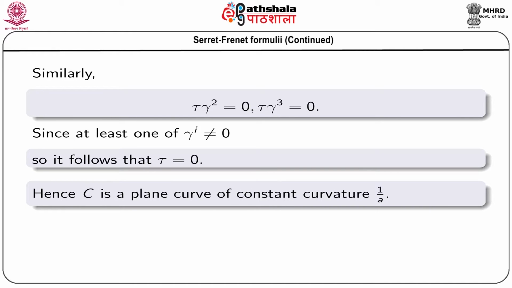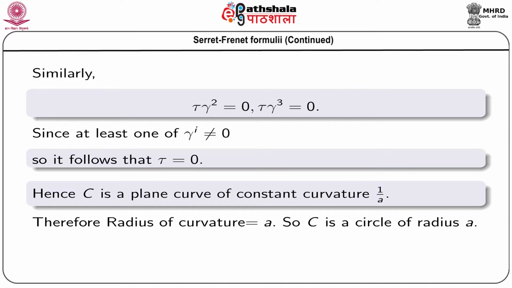So, C is a plane curve of constant curvature 1 by a. Therefore, radius of curvature is equal to a, and so C is a circle of radius a on a cylinder.